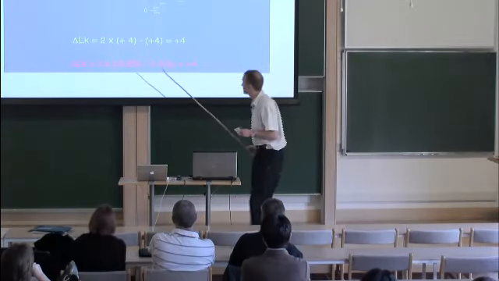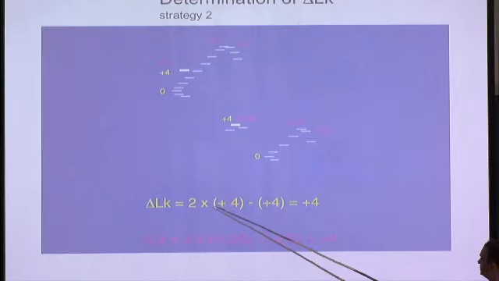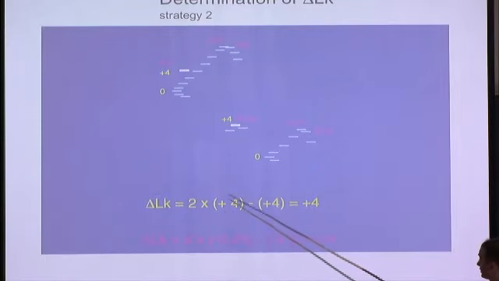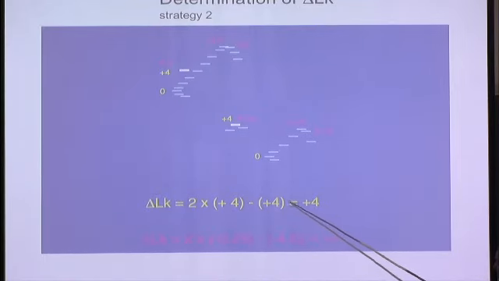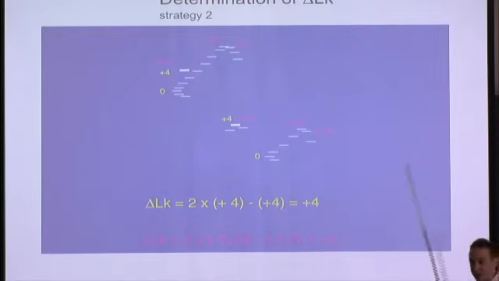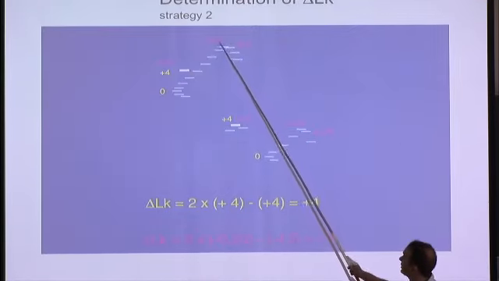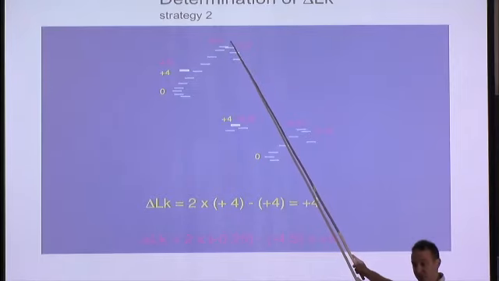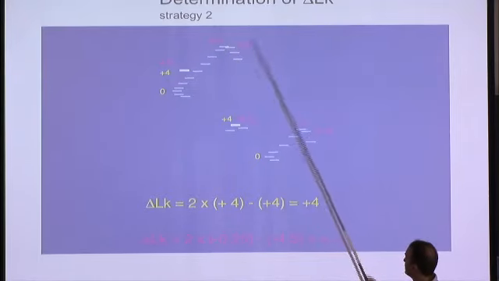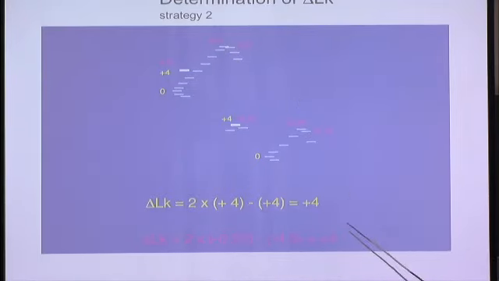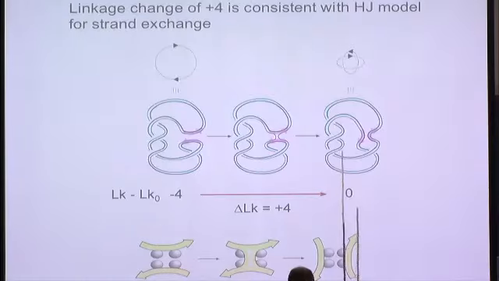So that would give us 2 times plus 4 for the product, minus plus 4 for the substrate, a linkage change of plus 4. And you can actually count from another 0 in the gel, which is this 0 that's at a different concentration of intercalator up here, and you get the same answer, round about plus 4 for the linkage change of the recombination reaction.